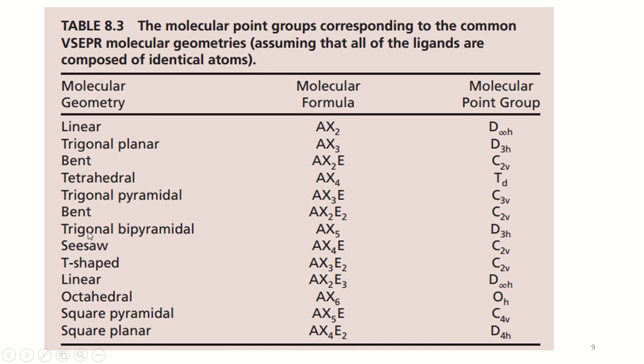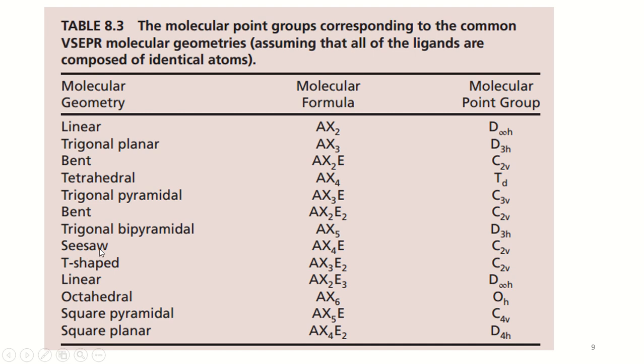If the molecular geometry is trigonal bipyramidal, AX5, then it would be D3h. And we have already discussed the trigonal bipyramidal geometry in the form of PCl5 in detail.